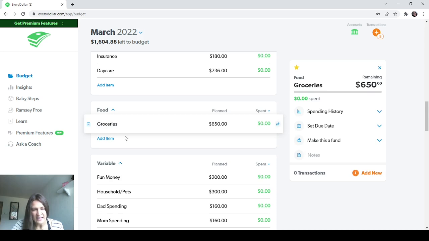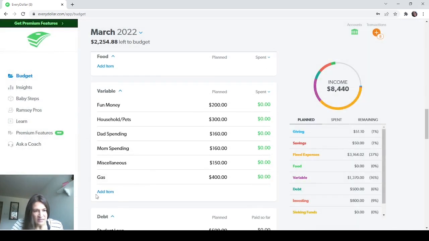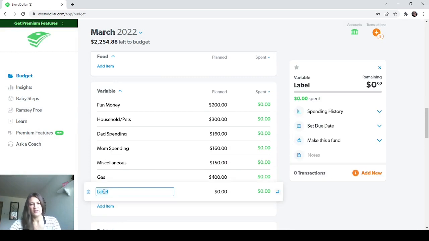I'd accidentally already started tracking when it was pulled out as a separate category of food. But again, I just want it to look familiar to me, and food is a variable expense. It's all just tracked as a variable expense in my mind. So I'm going to delete it there, but I'm going to add it here.